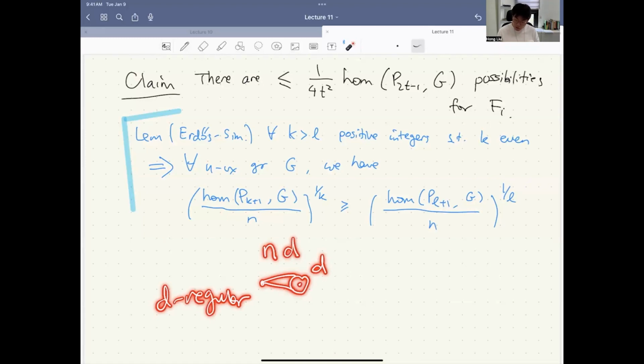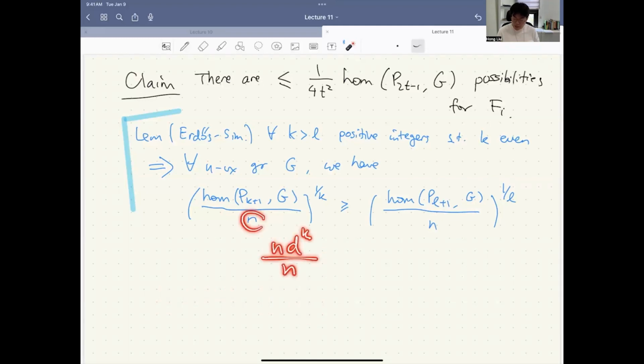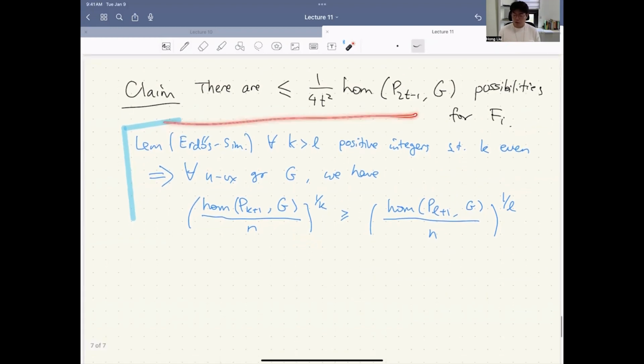So you have to go k steps. So it's n times d to the k divided by n here, raised to the 1/k-th power. So what's here is roughly the average degree, d. Same for this side. So these two are the same order of magnitude to compare, right? Then the remaining proof now is fairly simple, follows from this lemma.